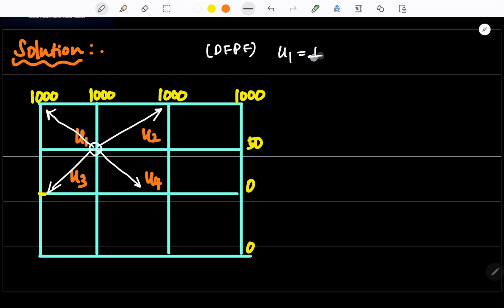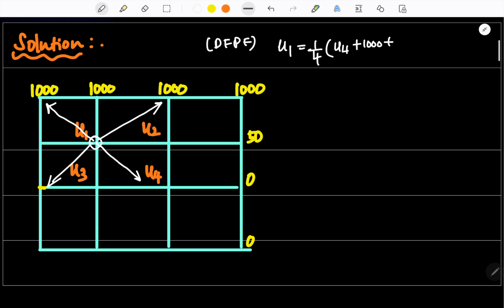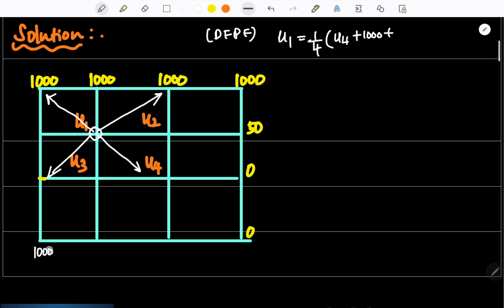So you're going to use 1 by 4 bracket open, U4 plus 1000 plus U3. These points are not calculated yet. So this is 1000, this is 500 and this is 0. And this is 2000, this is also 2000.